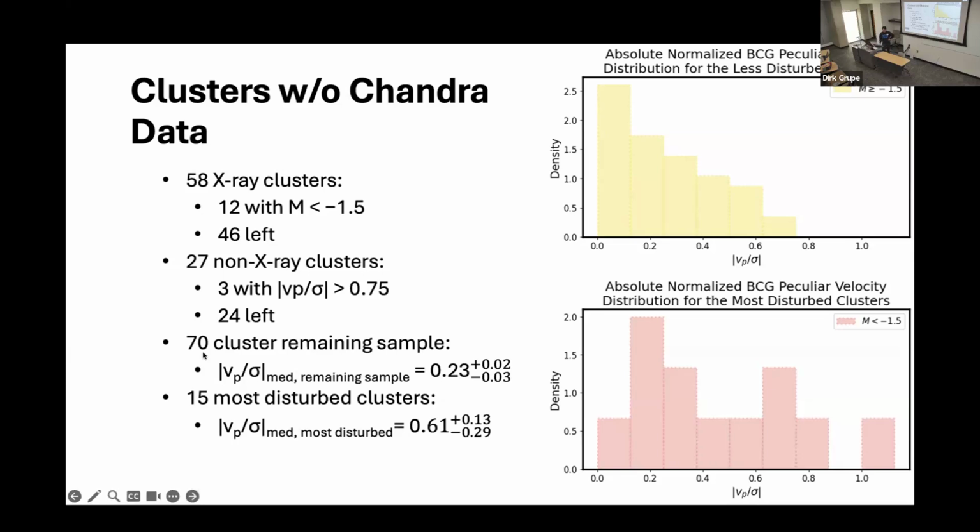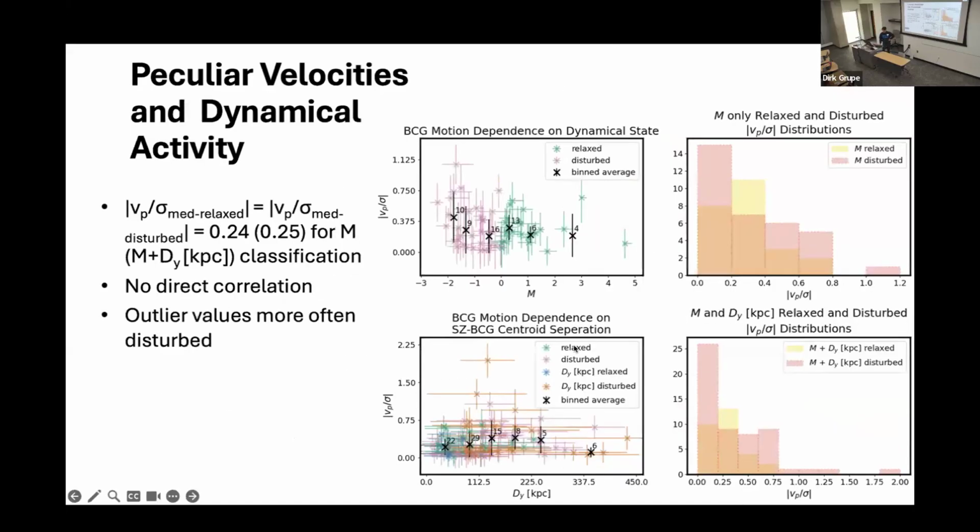We also exclude 3 clusters without Chandra data, which you can see here. We use the offset between the SZ position and the BCG as a metric to try to measure the dynamical activity of objects without X-ray data. But as you can see, this is a very noisy metric with the error bars, so we don't actually use it to cut out objects.